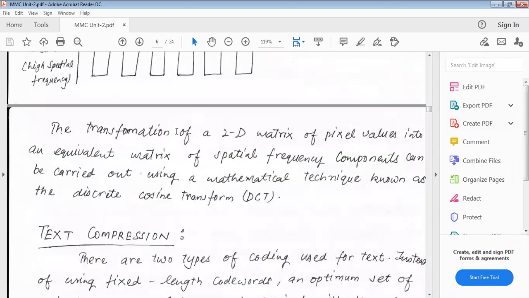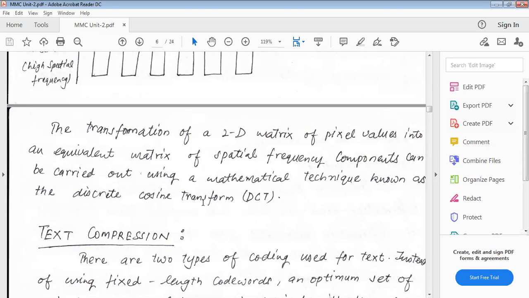The transformation of this 2D matrix of pixel values into the equivalent matrix of the spatial frequency components can be carried out using the mathematical technique known as the discrete cosine transform. They are going to use this mathematical technique to convert this source information into another form.